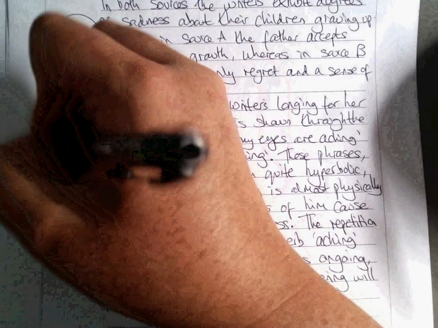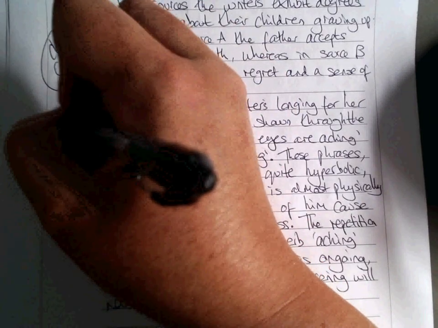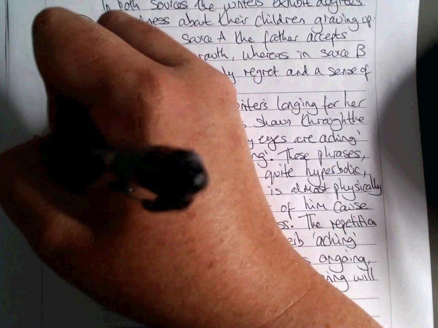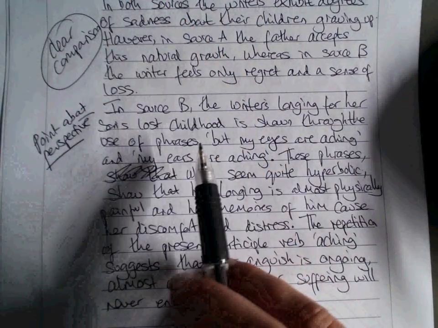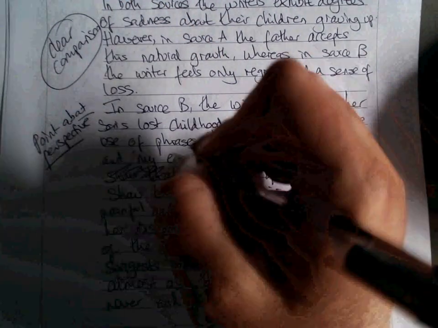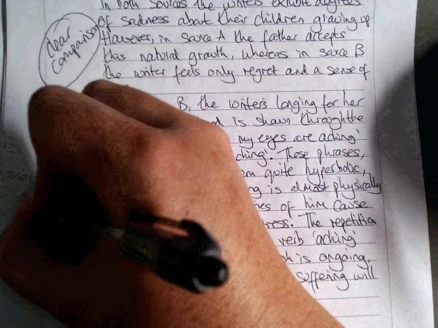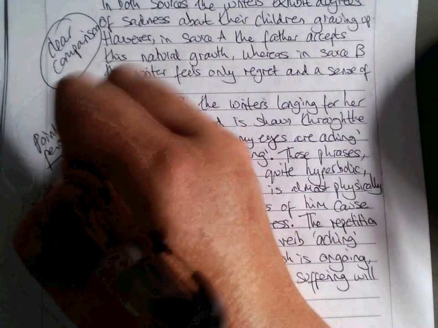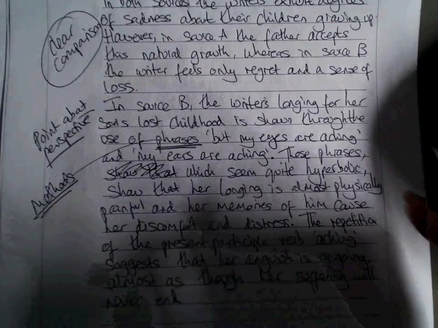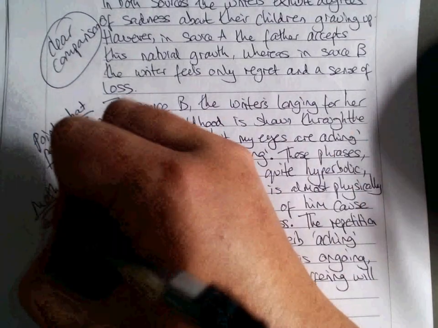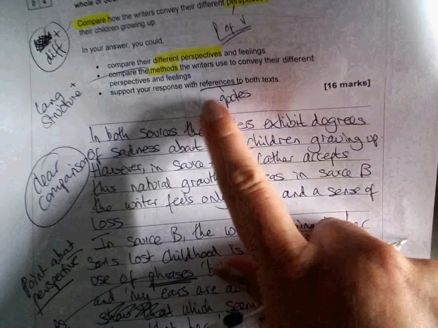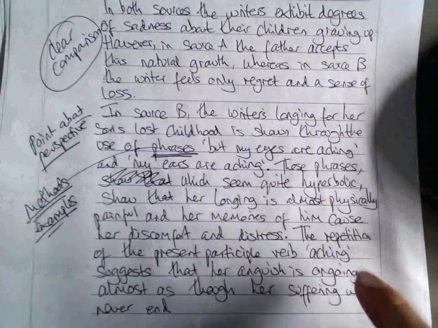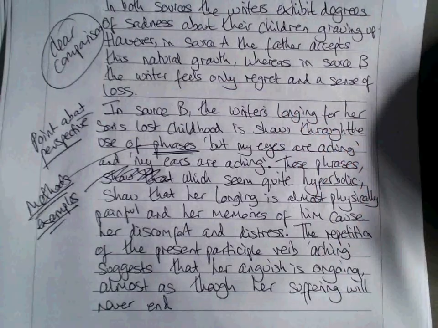Right, so just to recap what I've done here, because I think there's probably a few quite sophisticated bits, I've made a point about the perspective of this writer. I've said this writer feels longing for the son's childhood. Then I've identified methods, the writer's use of techniques, and I've got some examples in there as well, which in the bullet point up at the top would talk about references, but I think really means quotes.